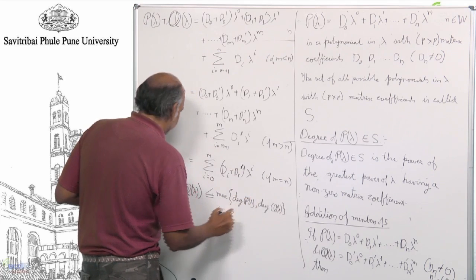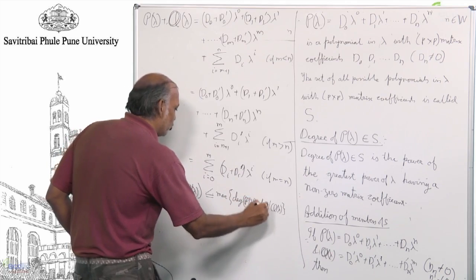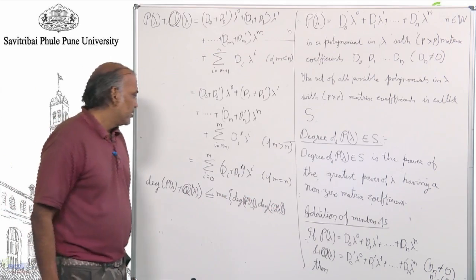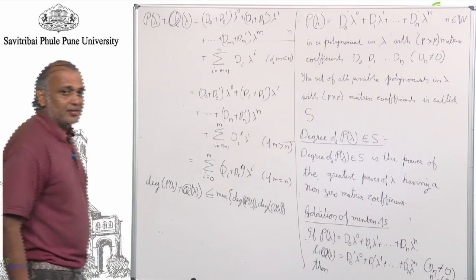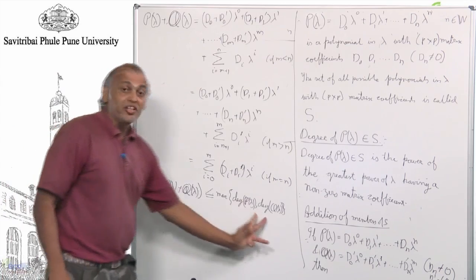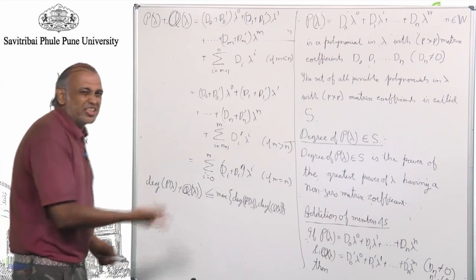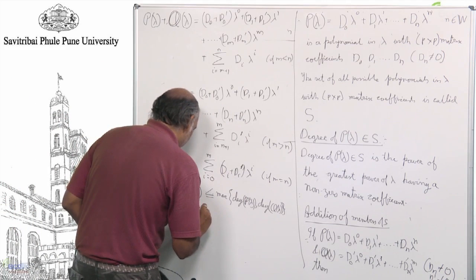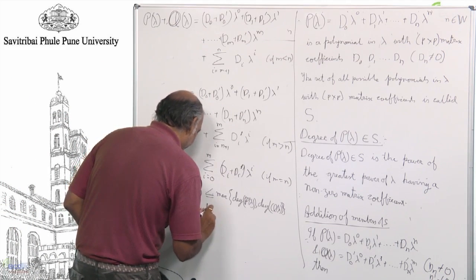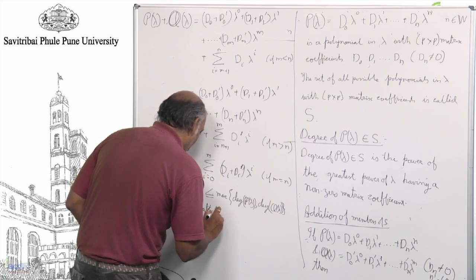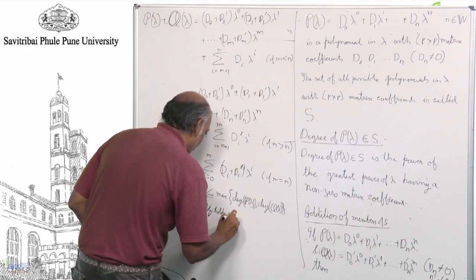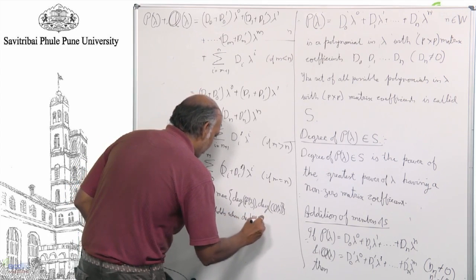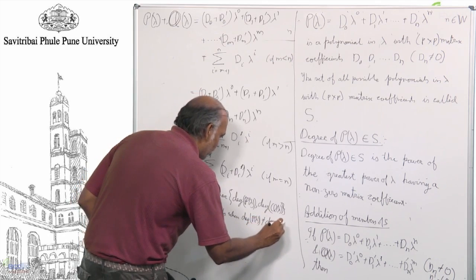You could do slightly better than this, because the equality holds when these two degrees are not the same. So further you could say, just to capture these statements, equality holds when degree of p of lambda is not equal to degree of q of lambda.